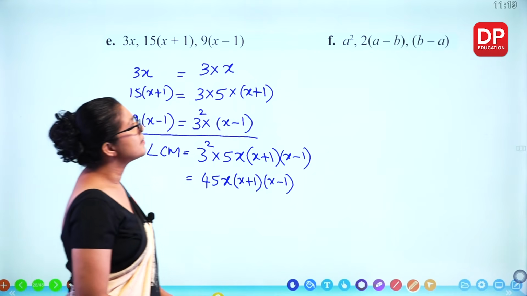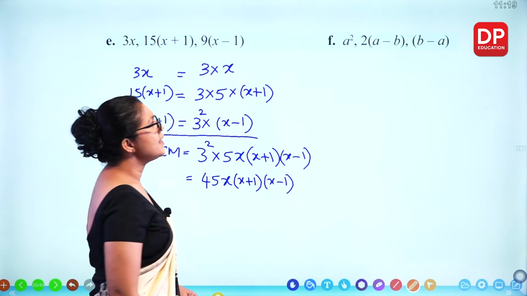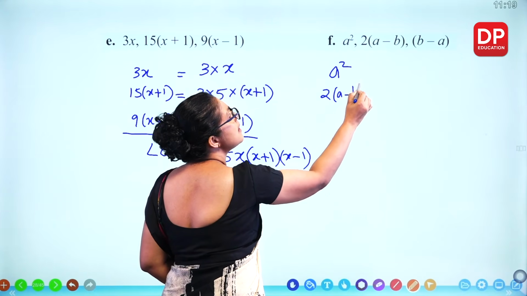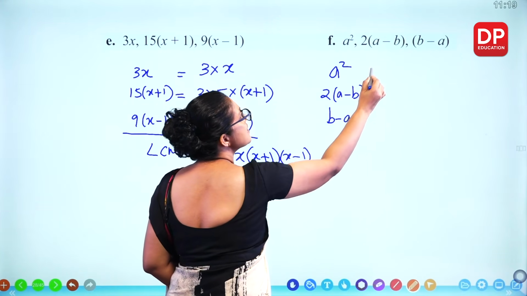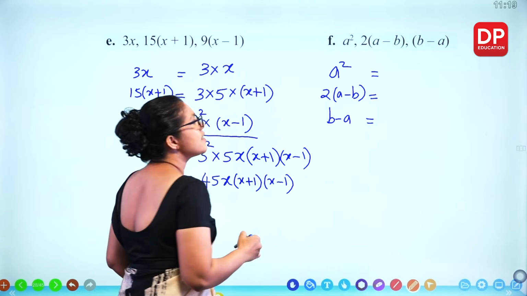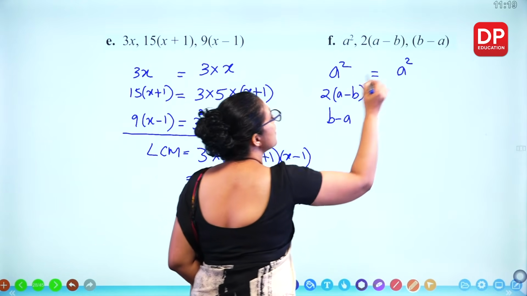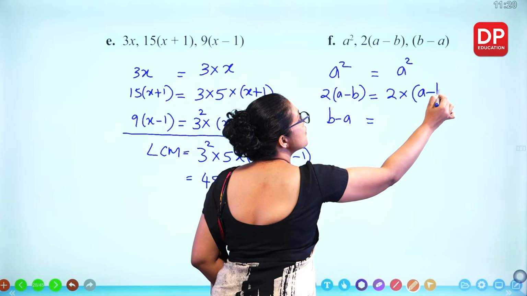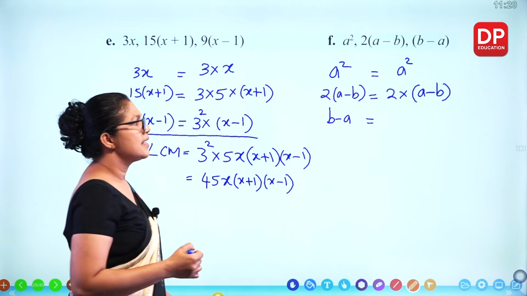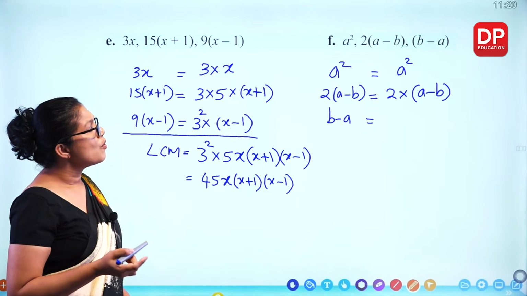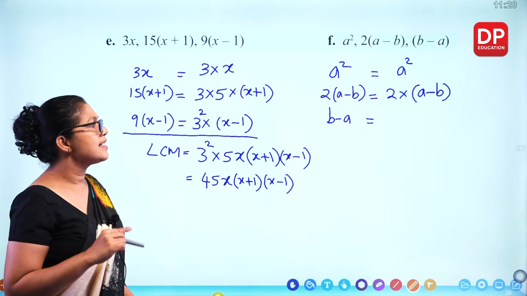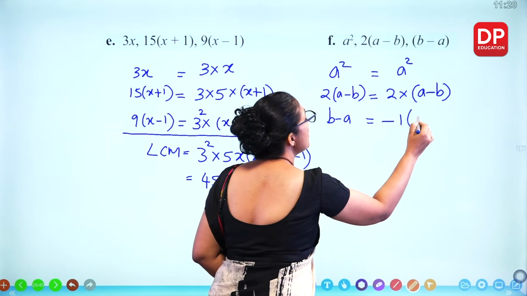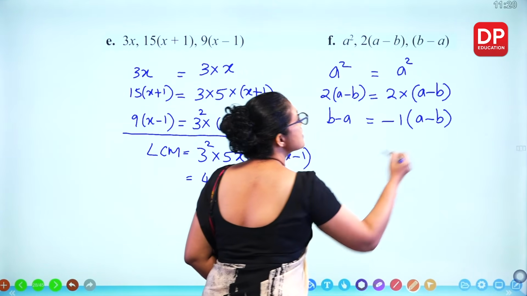Now look at this part. What are the three expressions given? A squared, 2a minus b and b minus a. So how can I write a squared? A squared times 1. This one again you can't factorize further. You can write 2 times a minus b. Now b minus a, can you write in terms of a minus b? Yes, I can write as minus 1 times a minus b.